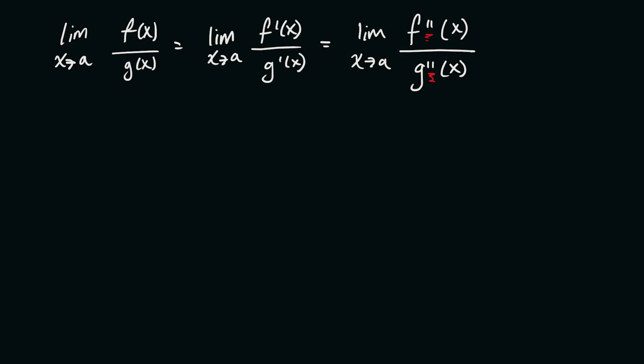This is just an extension of the rule that we have. So we can have the third derivative, the fourth derivative, any form, depending on how long it takes for you to solve the whole entire problem. So let's do an example.